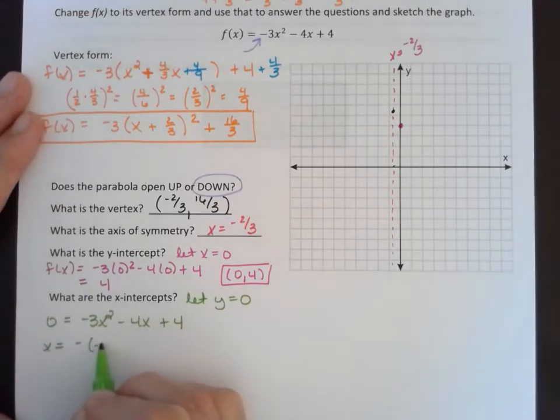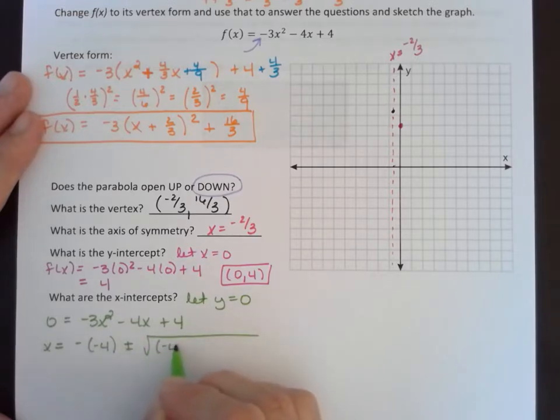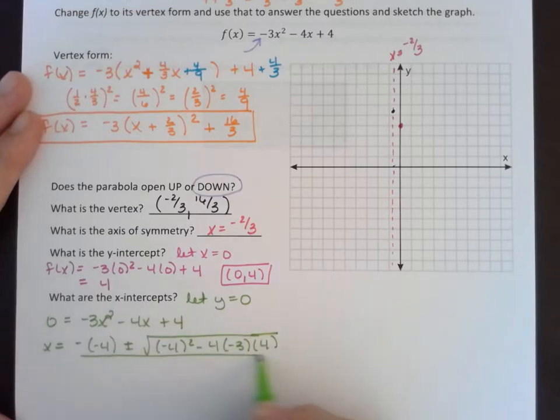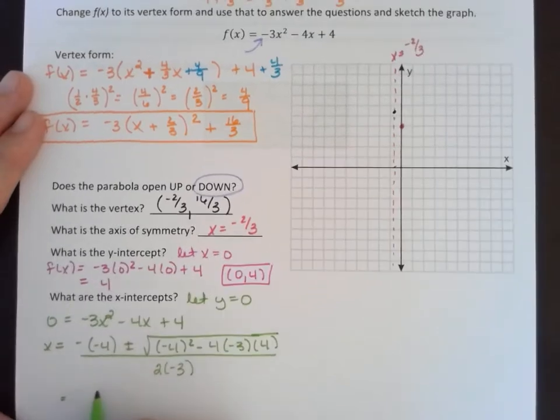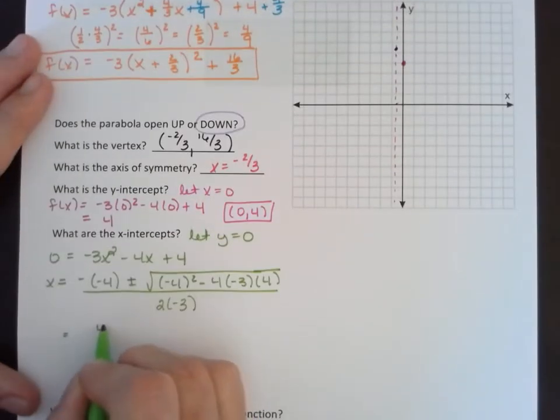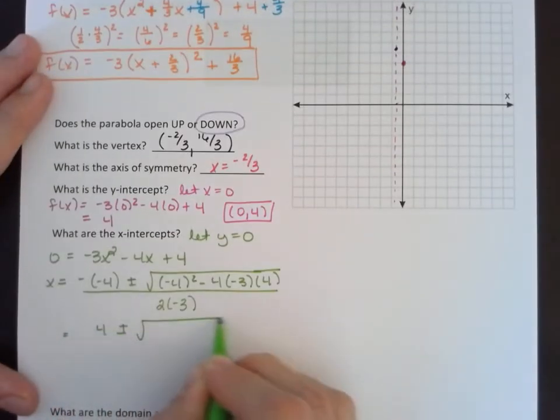Then negative b plus or minus the square root of b squared minus 4ac all over 2a. Let me just double check that. Negative b plus or minus the square root of b squared minus 4ac all over 2a. Alright, so we have 4, and that's what, 16.